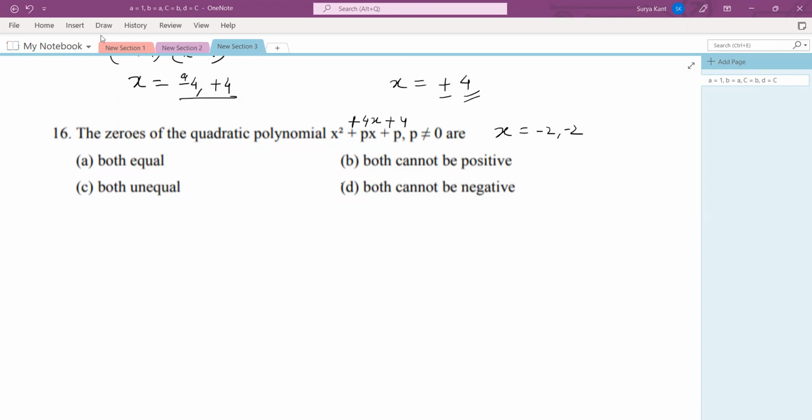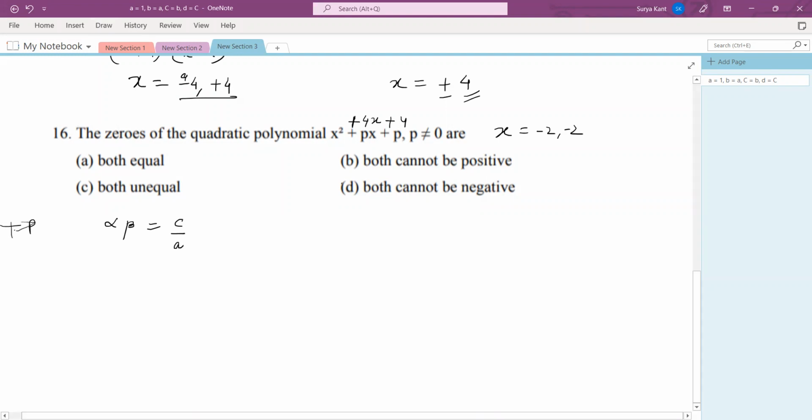Yeah, and the sum of zeros is negative. Product of zeros means you meant to say c by a, right? If P is positive, right? If P is negative, then it will be positive. But here p is plus given, right? That's why if plus is given, then minus must be given, as it is the product.